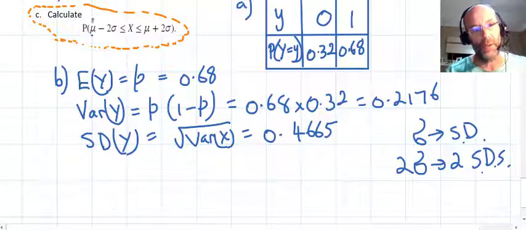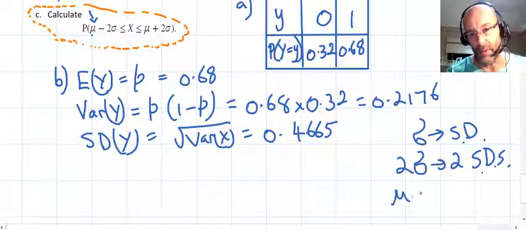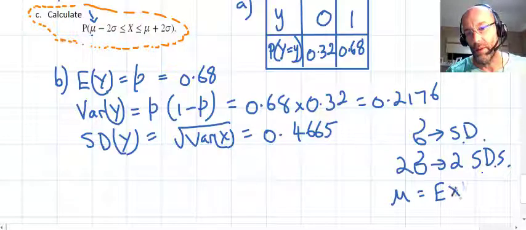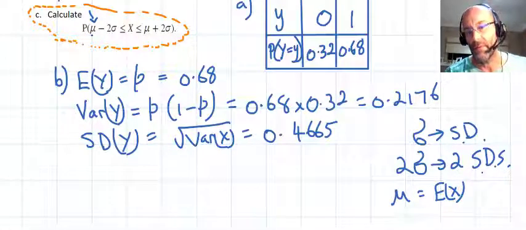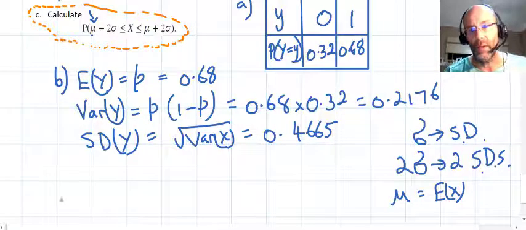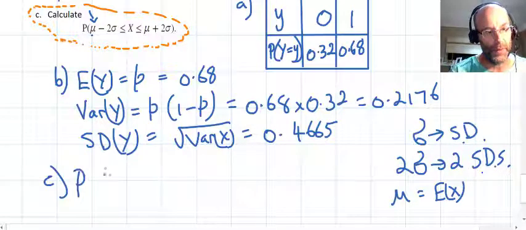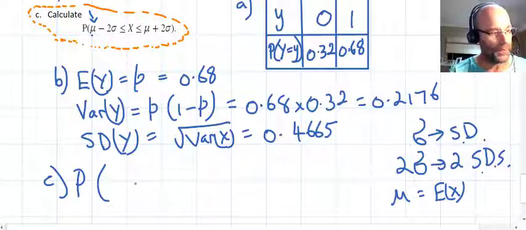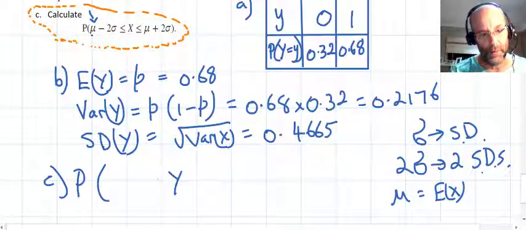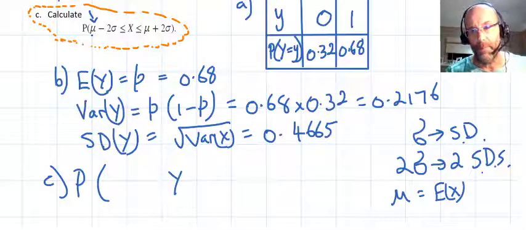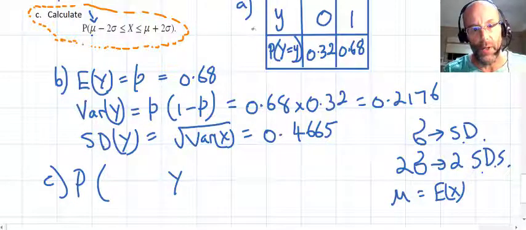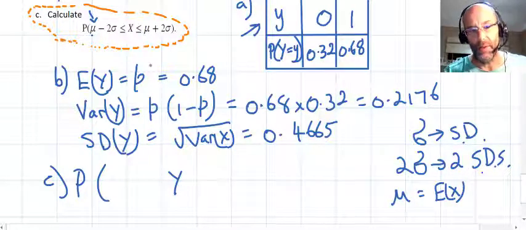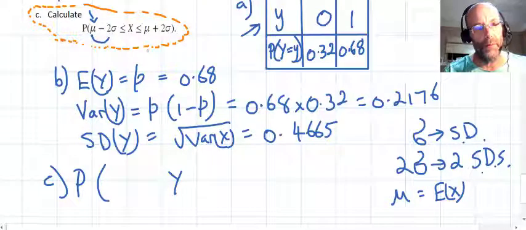The other thing to note is this symbol mu here is that same mu. It's still E of x. So we're basically looking for the probability, capital P, of this thing Y being equal to values of lowercase y, such that they're between these values, mu take 2 standard deviations and mu plus 2 standard deviations.